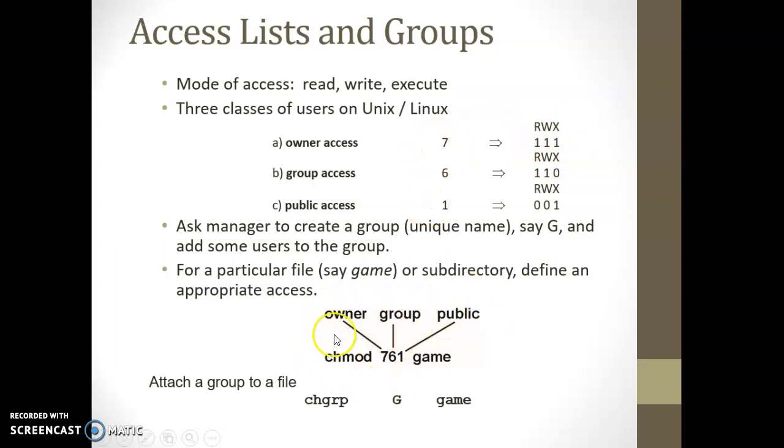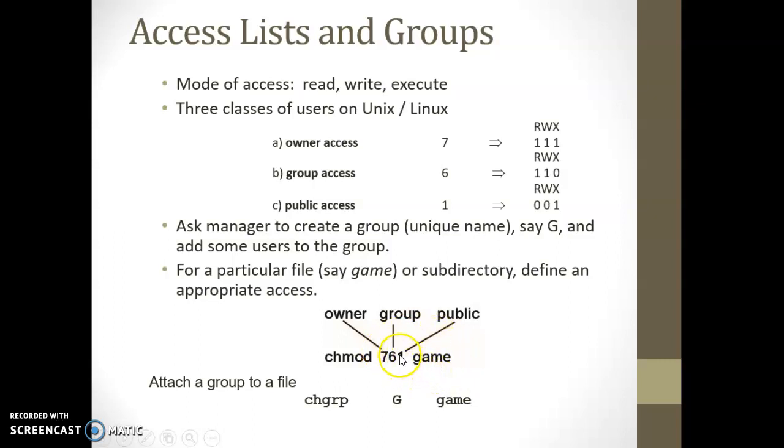In Linux, when we want to define the access, we use the command chmod. For example, we use the command chmod 761 for the directory game. The first number refers to owner access, then group access, and then public access. So 7 refers to 111, meaning the owner gets read, write, and execute access to directory game.